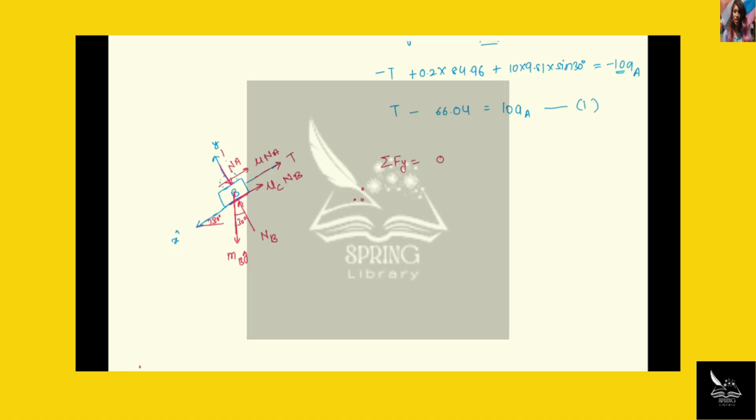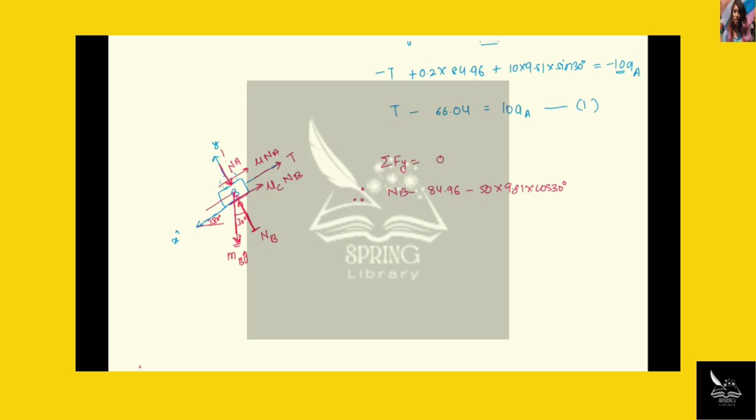So therefore we can write NB, which is acting vertically upward, minus 84.96, which is our NA acting vertically downwards, minus 50 times 9.81 times cos 30 degrees, which is a resolution of vertical force in the y direction and x direction.